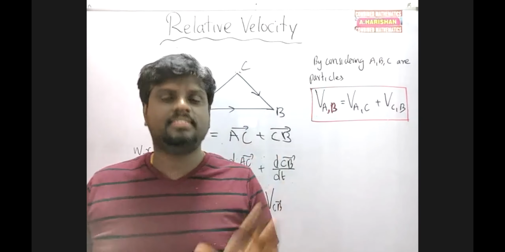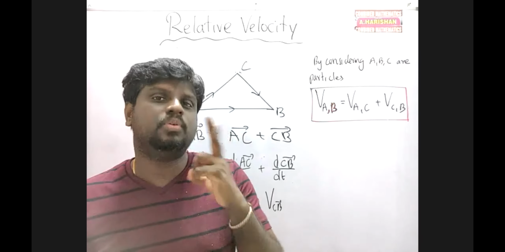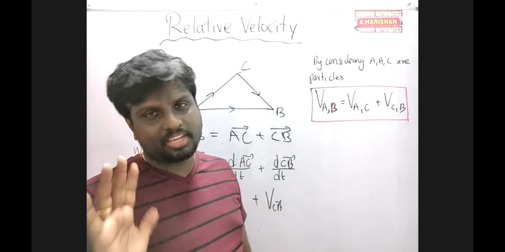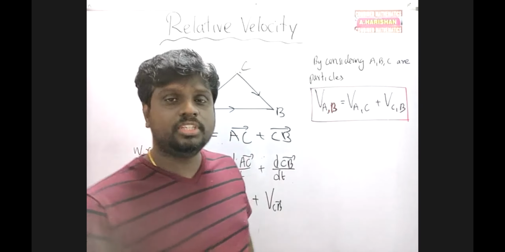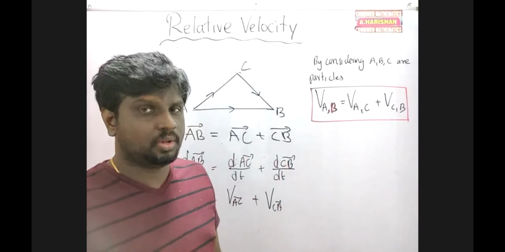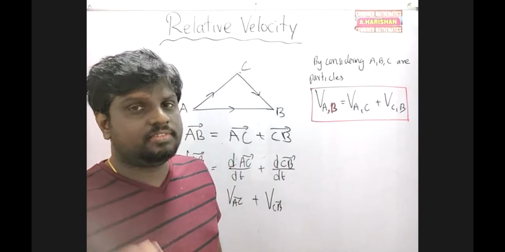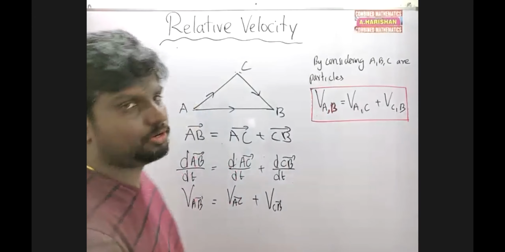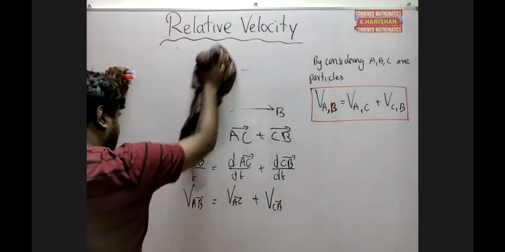In any relative velocity question you take, two unknowns will be there. That is the basic rule. Sometimes the unknowns can be the magnitude of a velocity, or the direction of a velocity. Keep it in your mind.